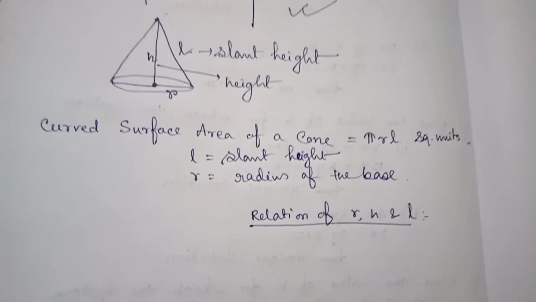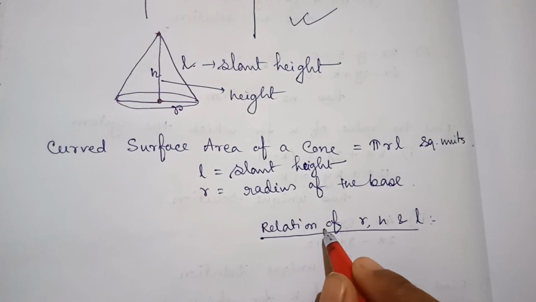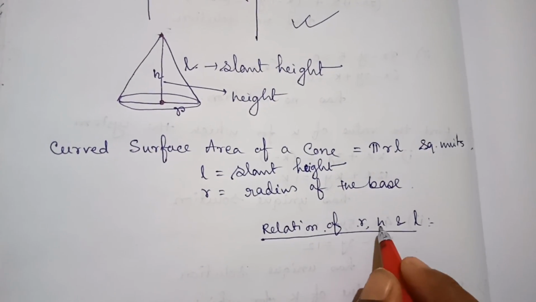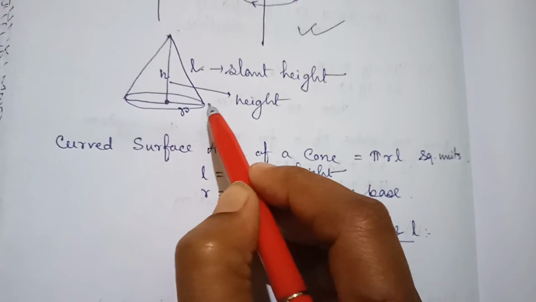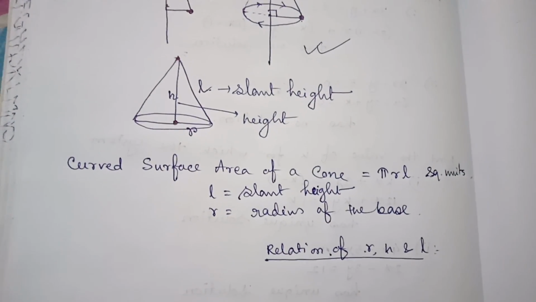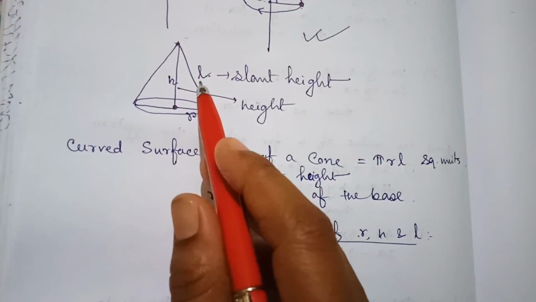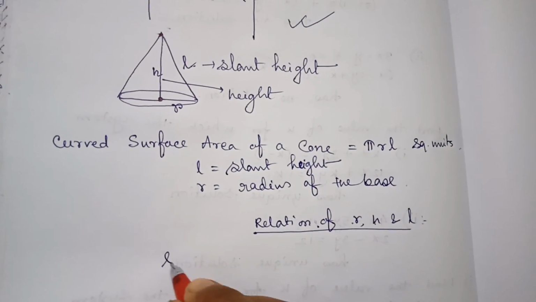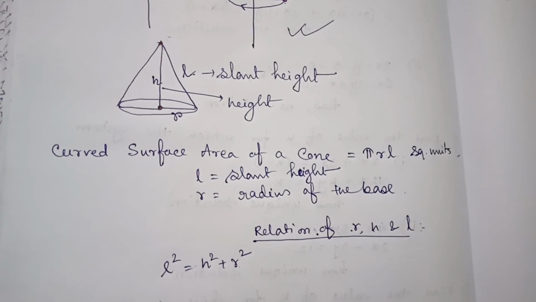Okay, now there is another topic, that is the relation of r, h and l. Now you can see this right triangle. As it is a right triangle, we can apply Pythagoras law on it. And by Pythagoras law we can write l square equals h square plus r square.